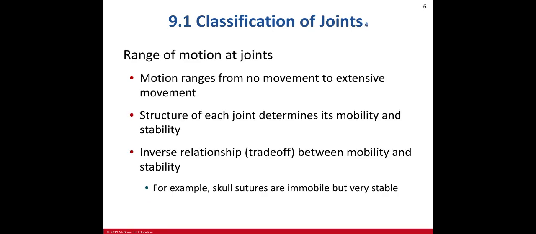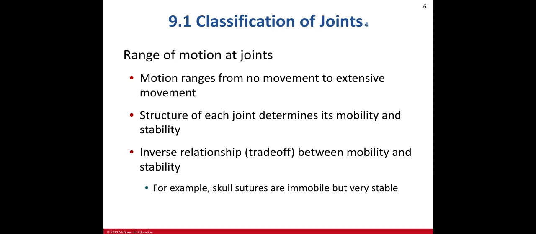So, range of motion: what do we mean by not movable to full range? Basically, we have a spectrum that ranges from no movement at all to extensive movement. The structure of each joint is going to determine how movable or how stable the joint is. And there is an inverse relationship between mobility and stability.